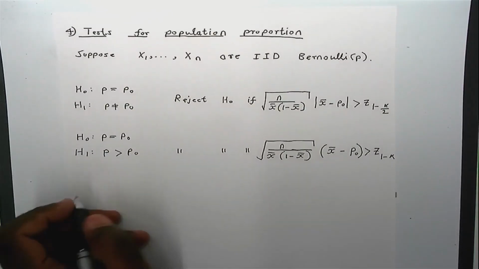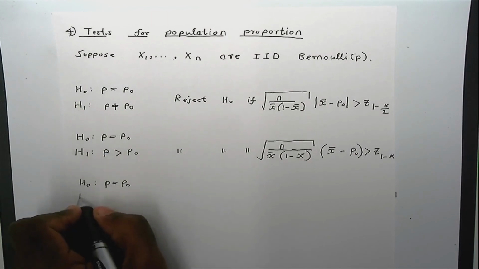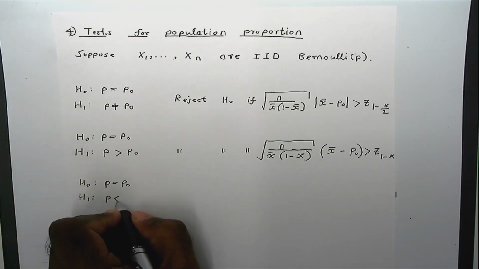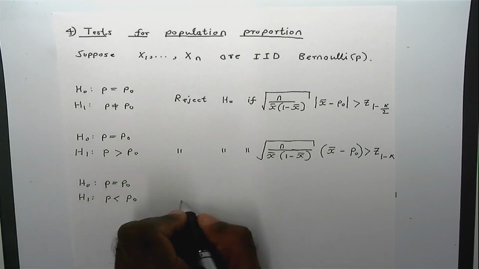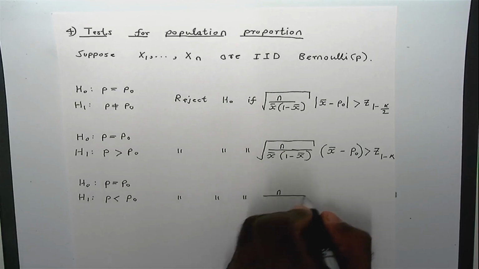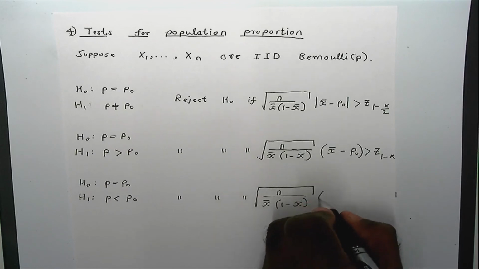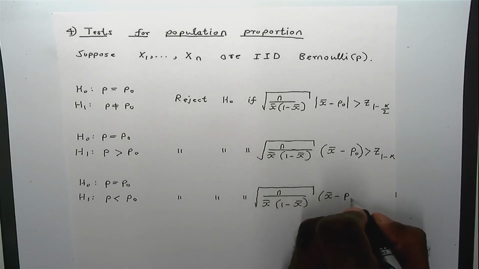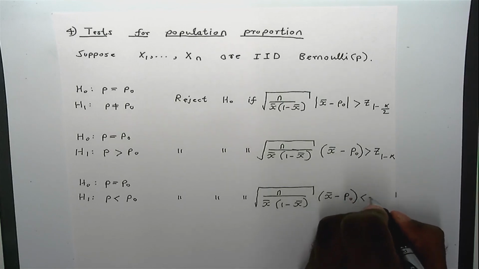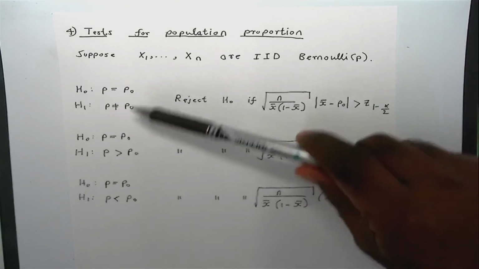And finally, so these are the three rules corresponding to the three sets of hypotheses.